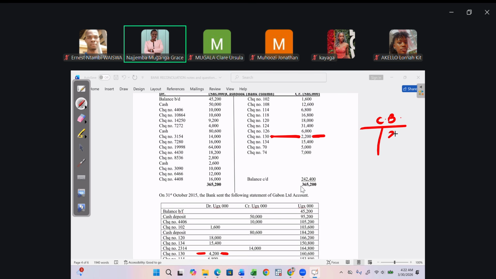You see that 2,200. Then in the bank, it's on the debit side, which is okay, but it is 4,200. So a step we just wrote down, we're saying that when you come across such transactions, you simply put error. Are we together?